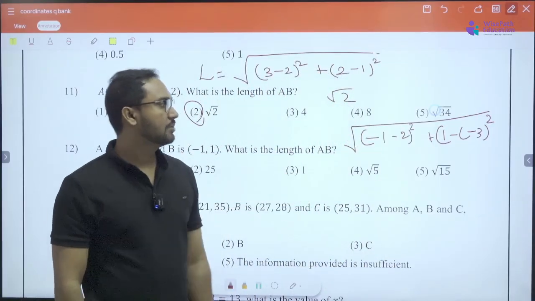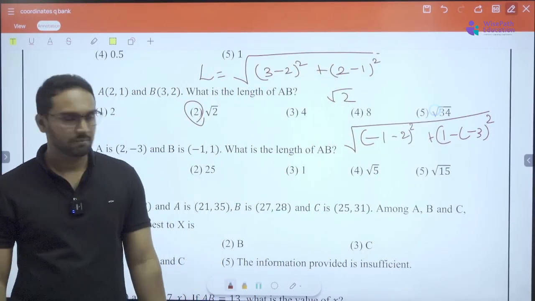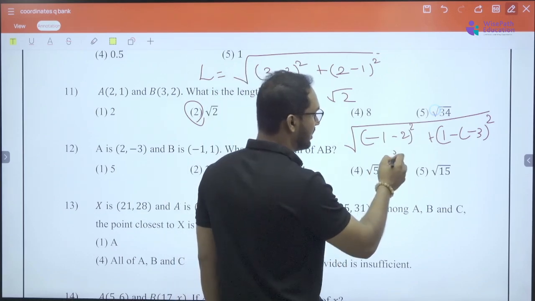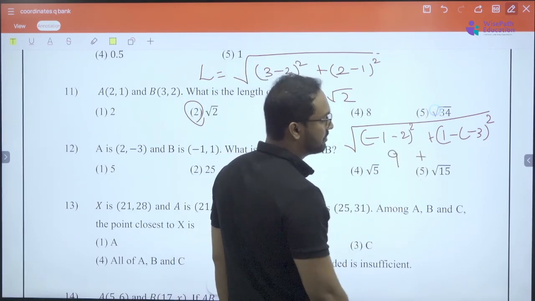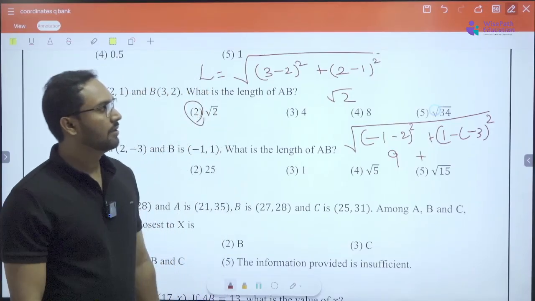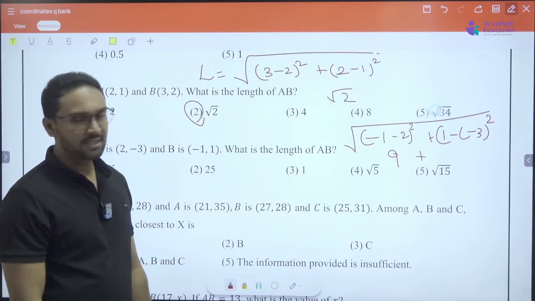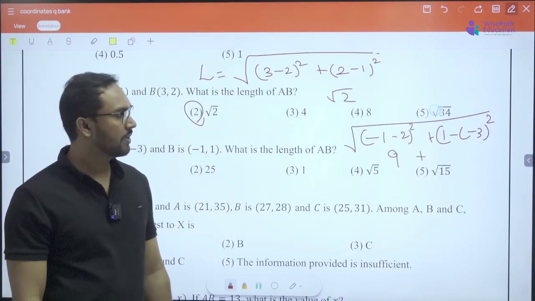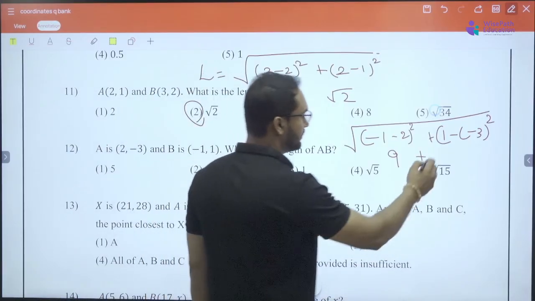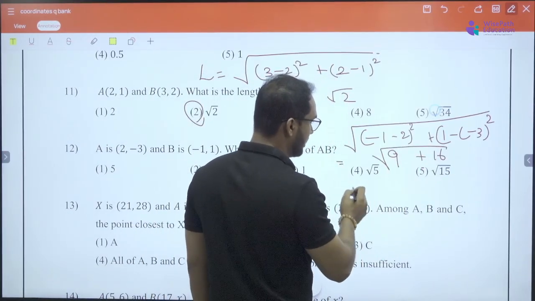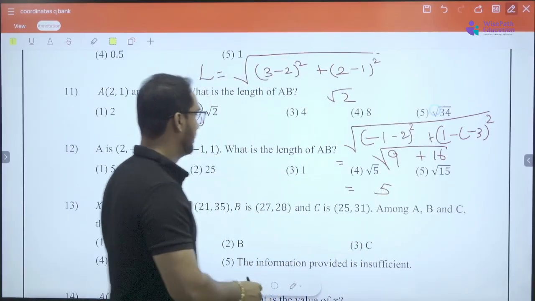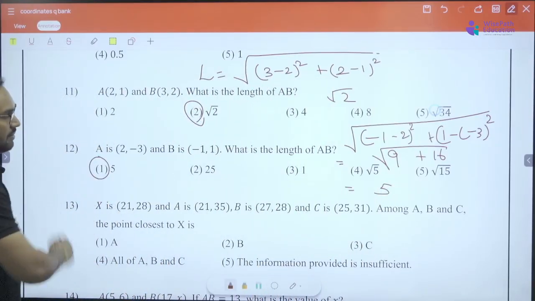Minus 1 minus 2 is minus 3. Minus 3 squared is 9, right? And 1 minus minus 3 is 1 plus 3, that is 4. 4 squared is 16. 9 plus 16 is 25. The square root of 25 is 5.